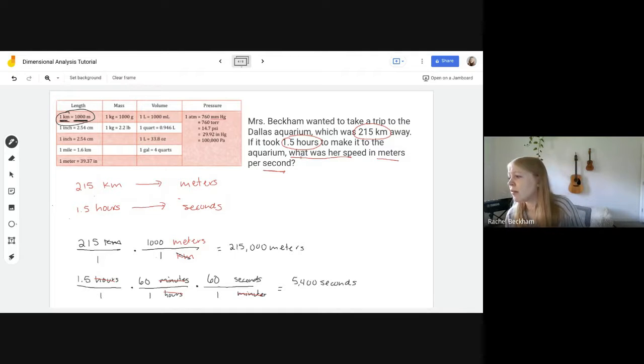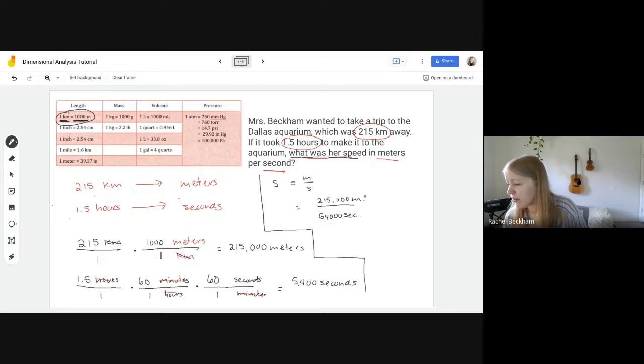Now it says, what was her speed in meters per second? Meters per second. Per is a word for divide. So my final answer, I'm going to work a little bit over here, needs to be speed, which is meters divided by seconds. So I'm going to take my 215,000 meters and divide that by my 5,400 seconds.